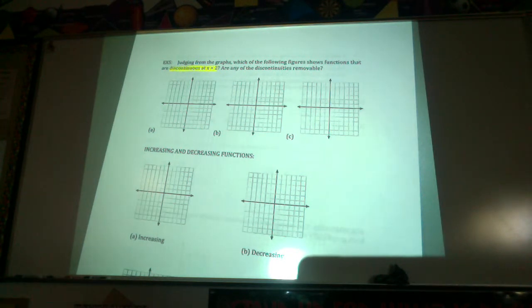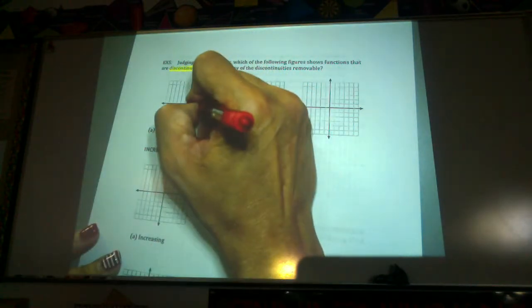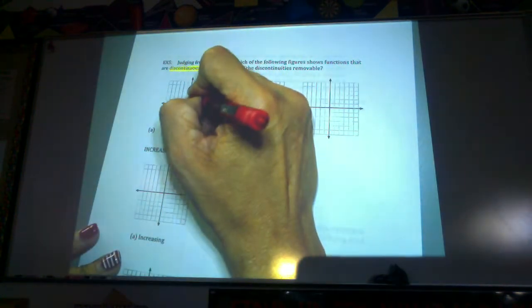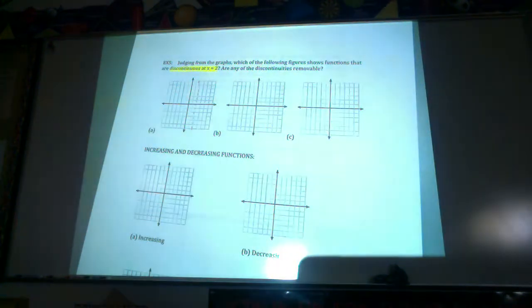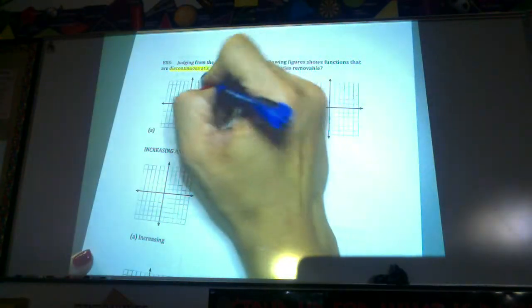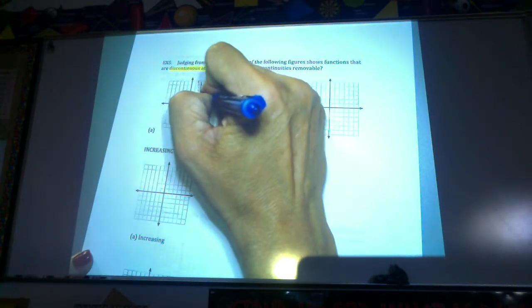All right, so here's your first graph. Let's put a vertical asymptote there, and then the graph looks like this.